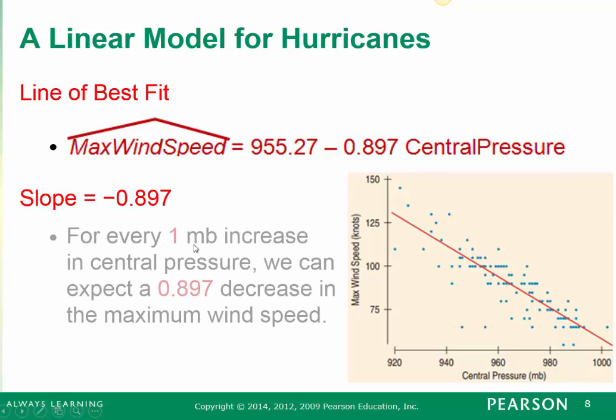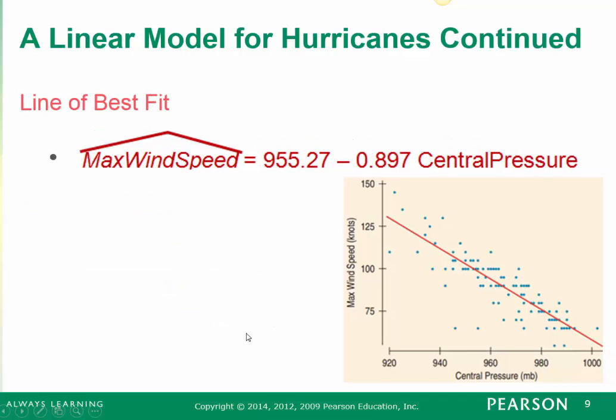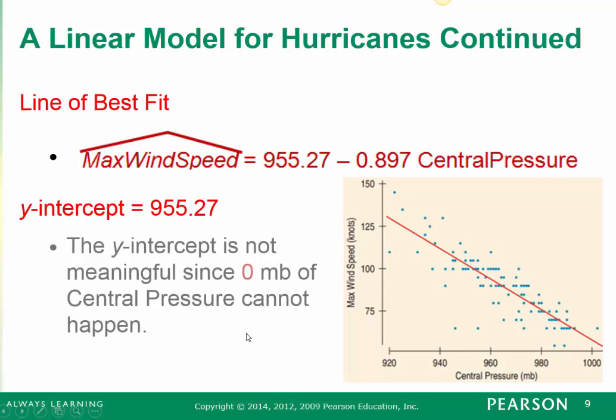And it tells us that for every millibar increase in central pressure, we can expect a 0.897 decrease in the maximum wind speed. The y-intercept tells us what happens when we have no central pressure, but that can't happen, so that doesn't really have any meaning in the context of the problem. And in fact, if you notice here, the axis was cut off. It doesn't go all the way down to 0.